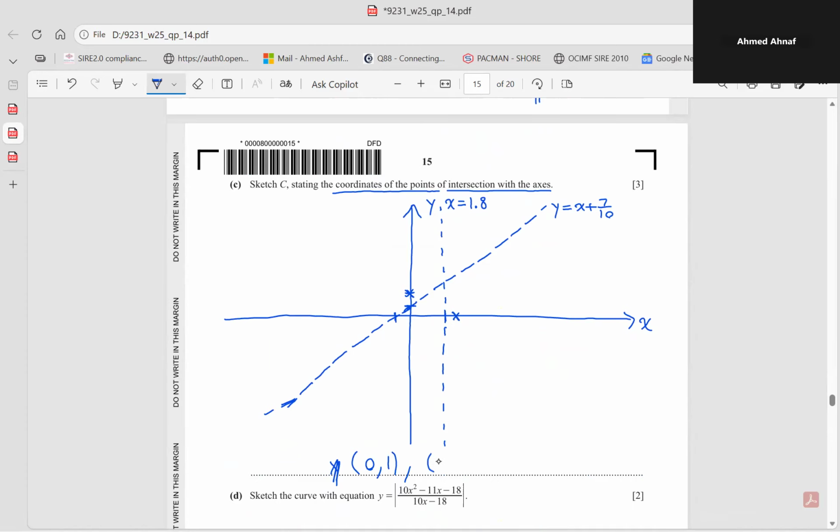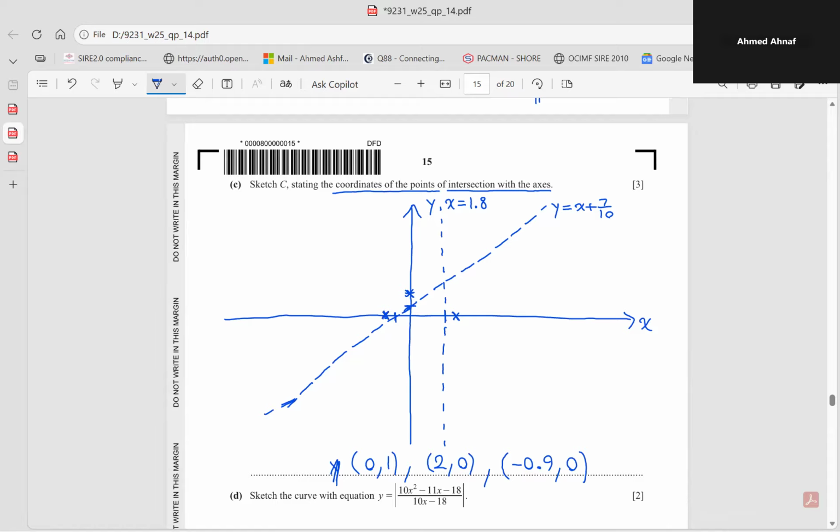So it's (-9/10, 0), so that is minus 0.90. It should be slightly around here. So these are the points of intersection with the axes.